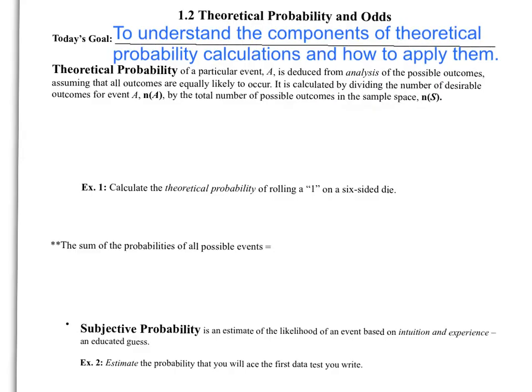Theoretical probability of a particular event A is deduced from analysis of the possible outcomes, assuming that all outcomes are equally likely to occur.